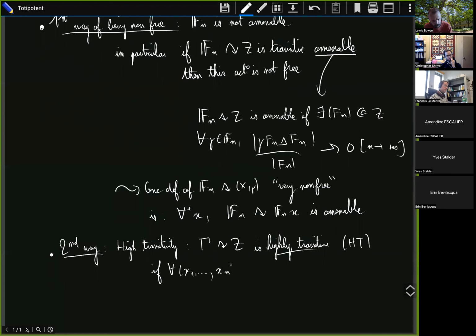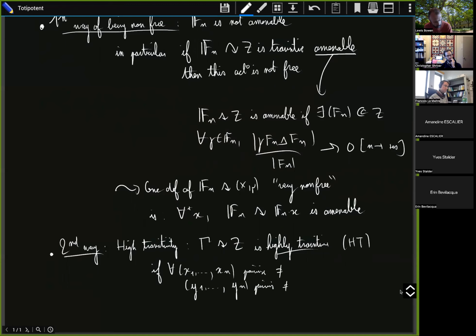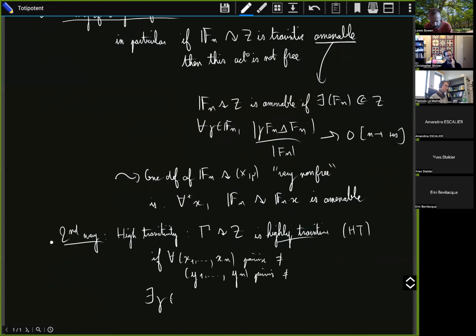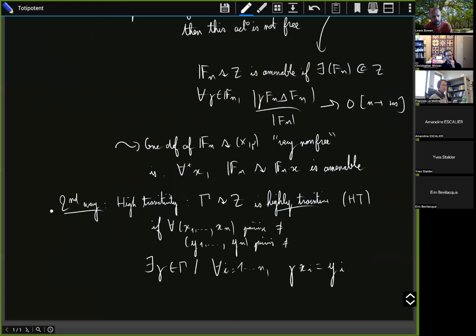Whenever I take x1, ..., xn pairwise distinct, and also y1, ..., yn pairwise distinct, there exists an element of gamma such that for every i from 1 to n, gamma xi is equal to yi. So your action is not only transitive, but really as transitive as it could get.